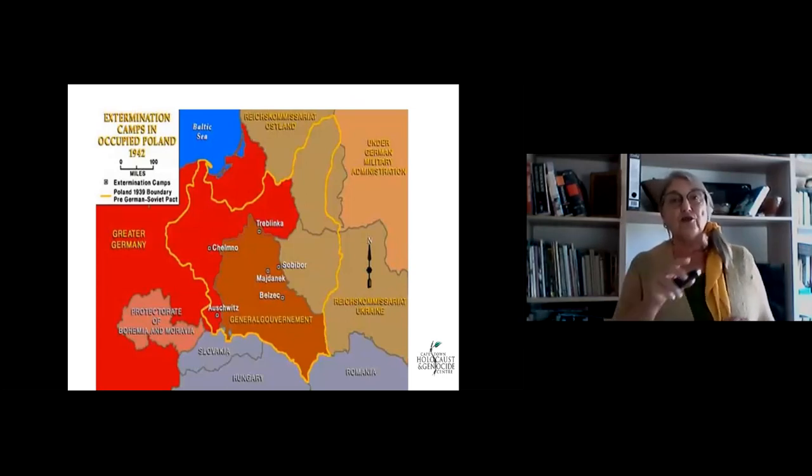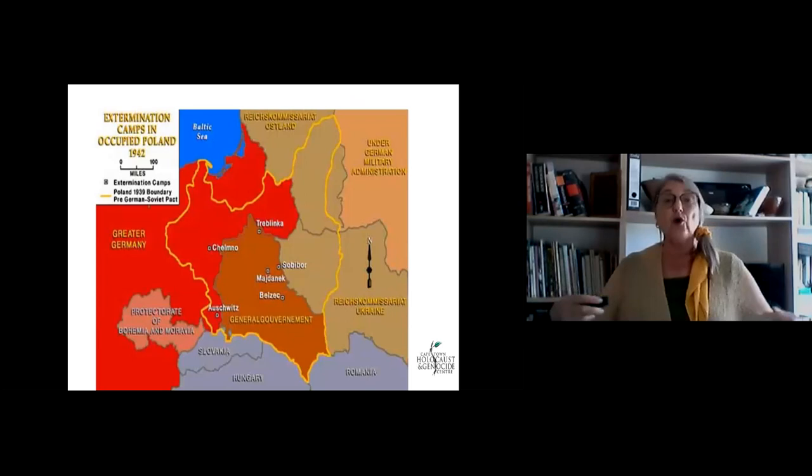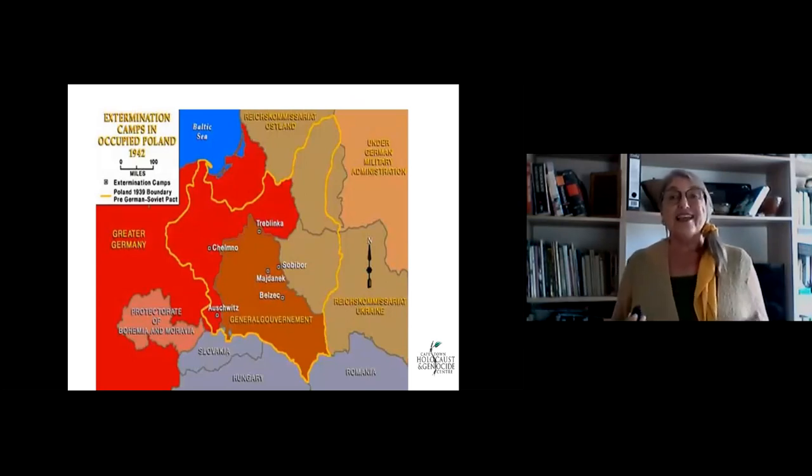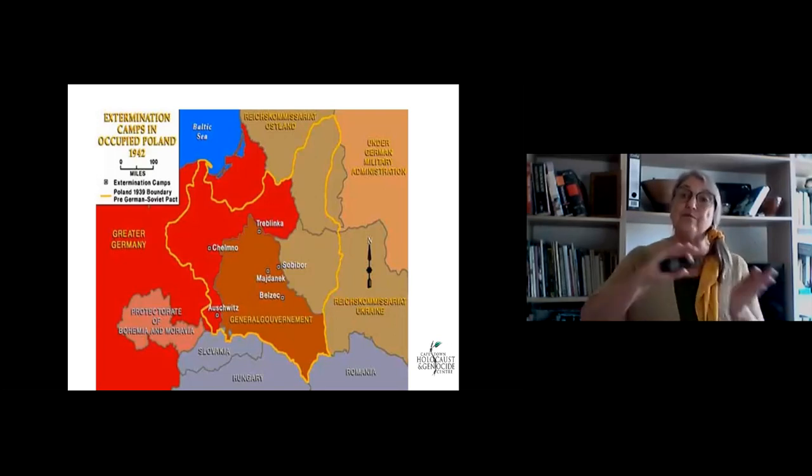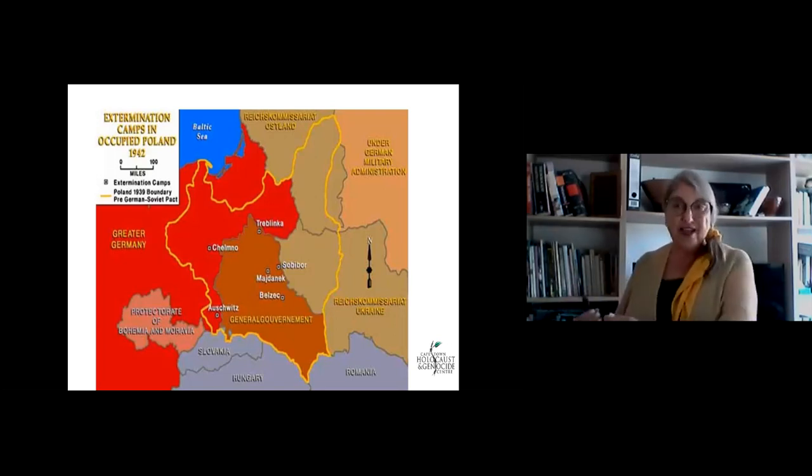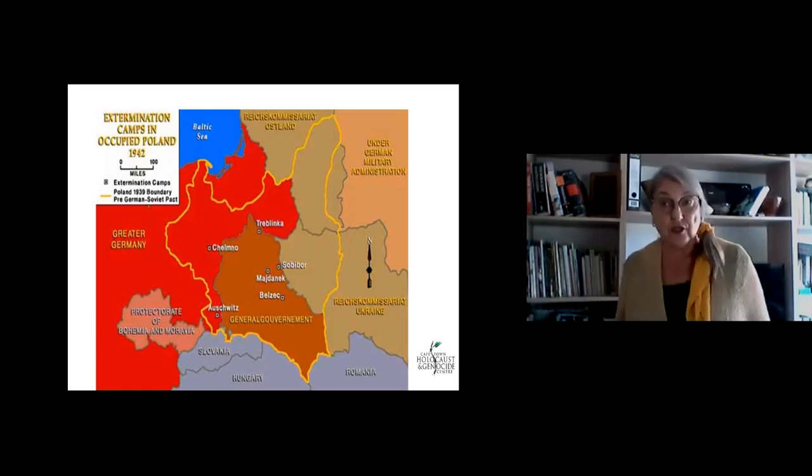Now, grade 9, you'll notice here in this map, which is an older map, they called them extermination camps. That's what the Nazis called them. But grade 9, we don't use that term. We use the term killing center or death camp because the word extermination is applied to vermin, to rats, to cockroaches, to when you have things in your house that you want to get rid of.